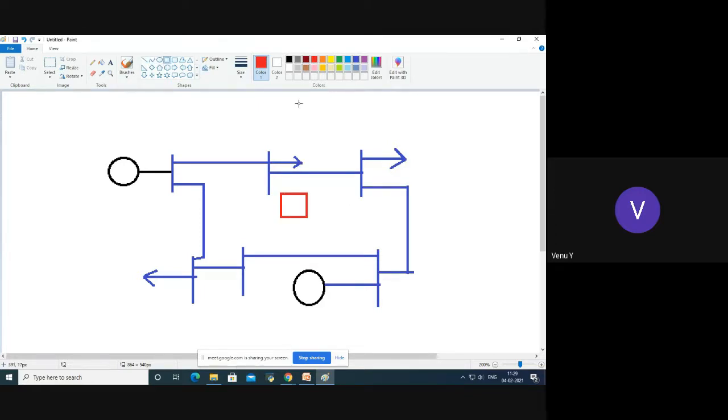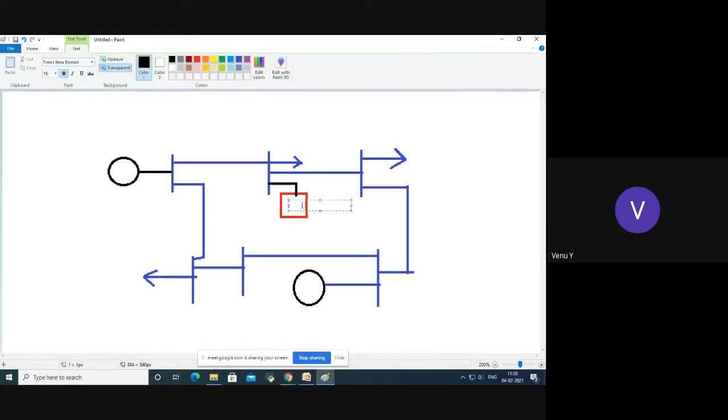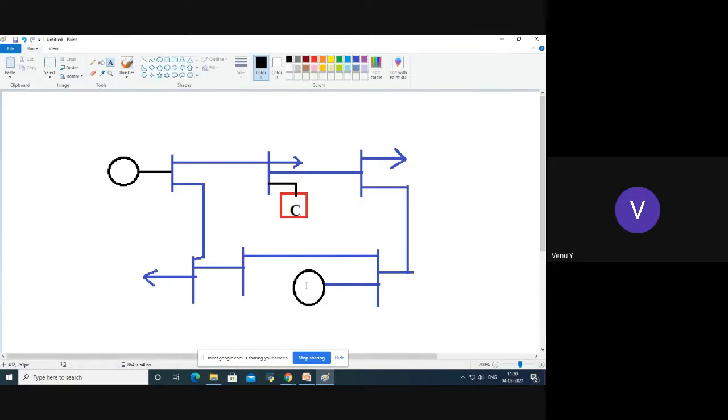You can find the optimal location of the compensator with the help of methods like PSO, particle swarm optimization, or GA, genetic algorithm, or any classical method, with the help of stability indices. So in all such cases, you have the compensator location at different places.